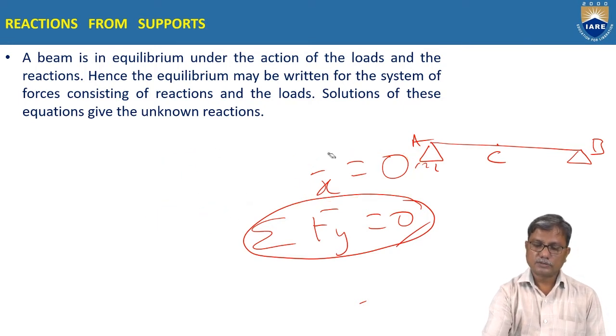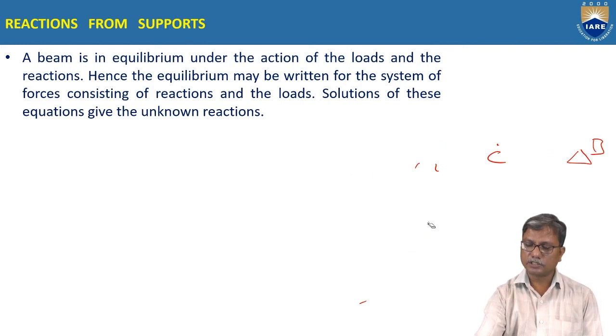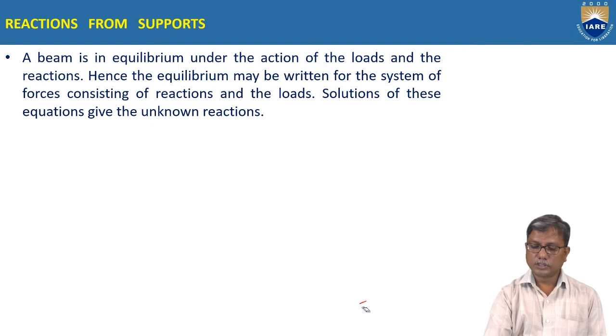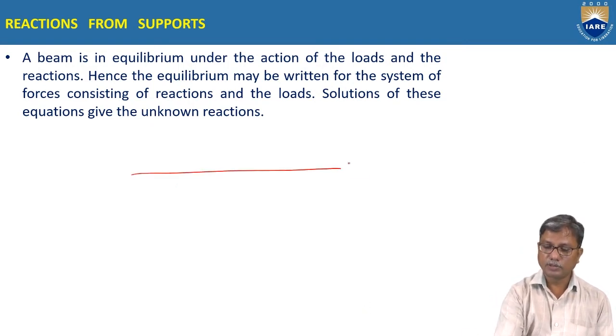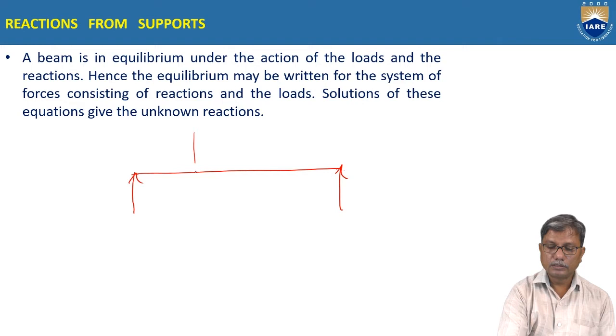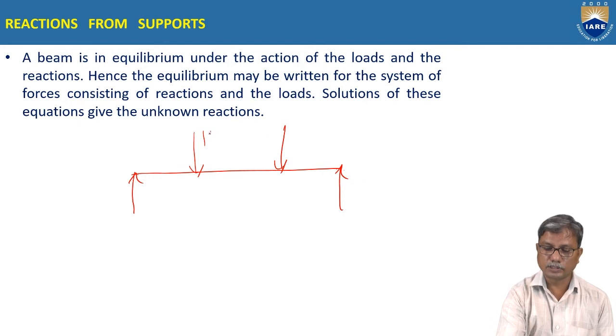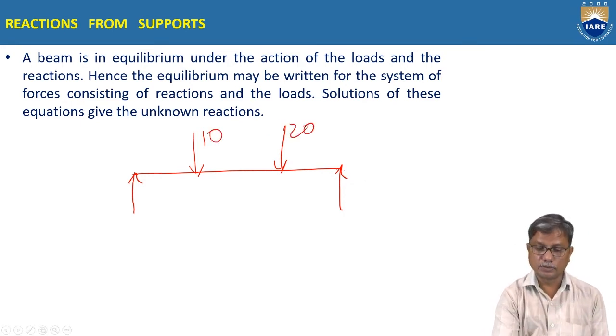Now coming to the reactions, which are unknowns. On a structure, we will know the external loads acting. For example, on a beam, some two point loads are there of magnitude 10 kilonewtons and 20 kilonewtons.